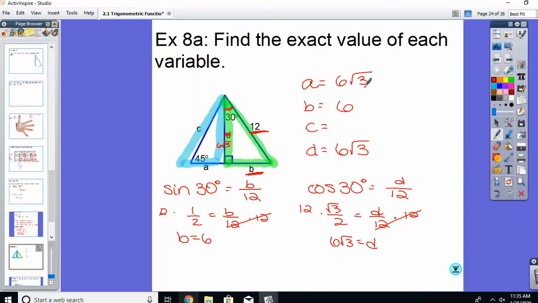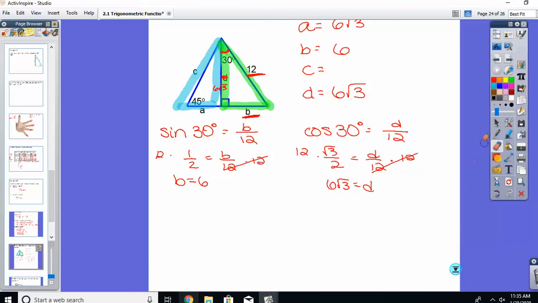Okay. I need C. So we can either set up a trig function or do Pythagorean theorem. What do you want to do? Trig function. Okay. So from here, this is 45. We have options.